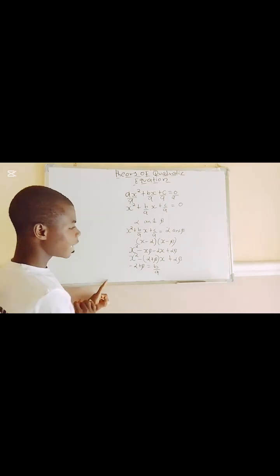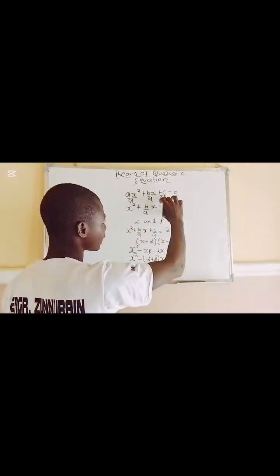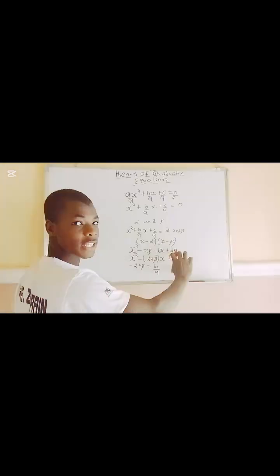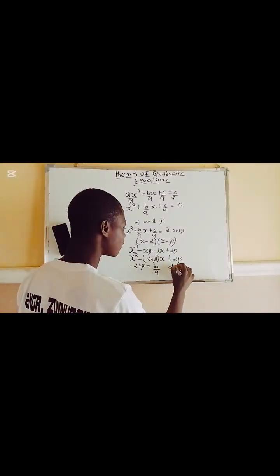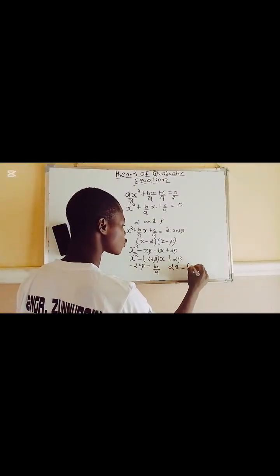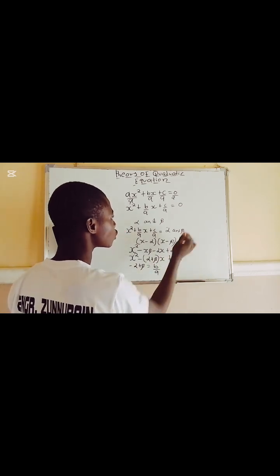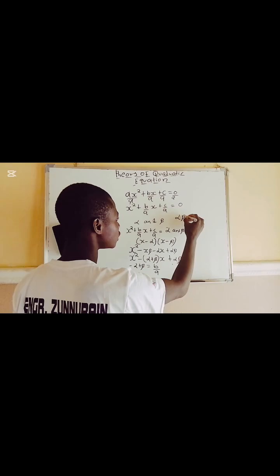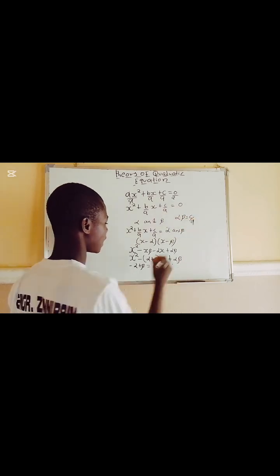The next thing to do, I have c over a in the location of this alpha beta. So alpha beta will be equal to c over a.